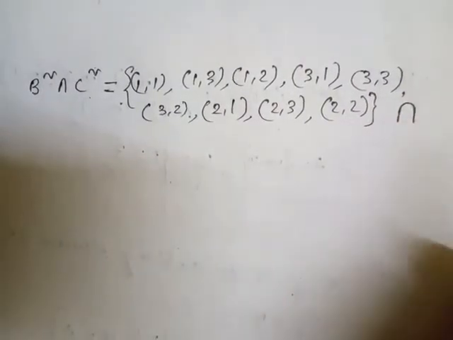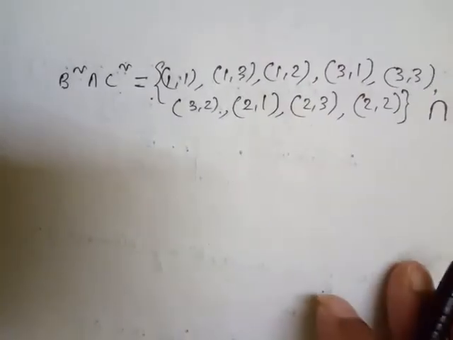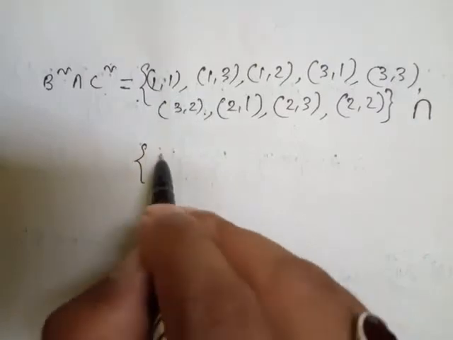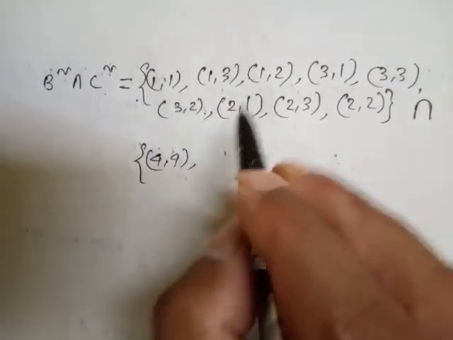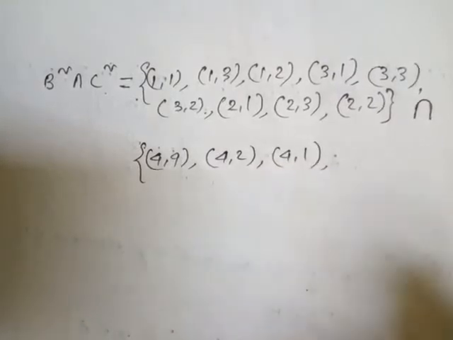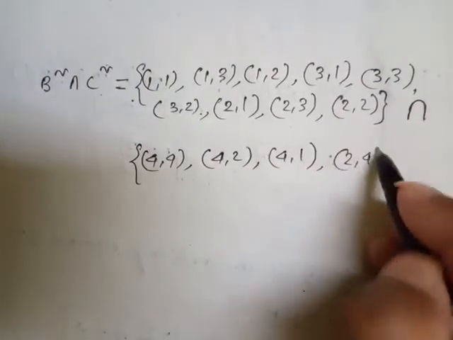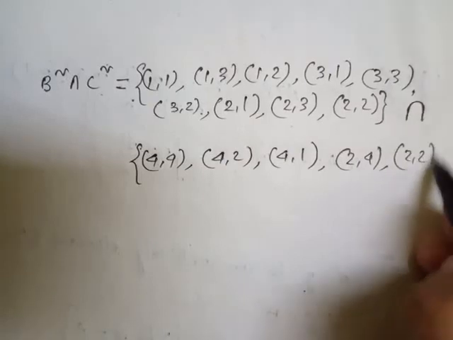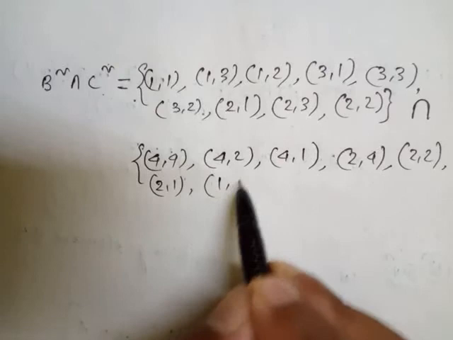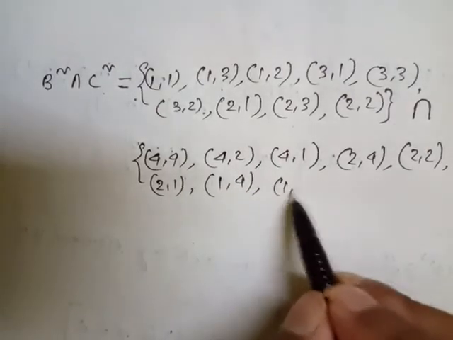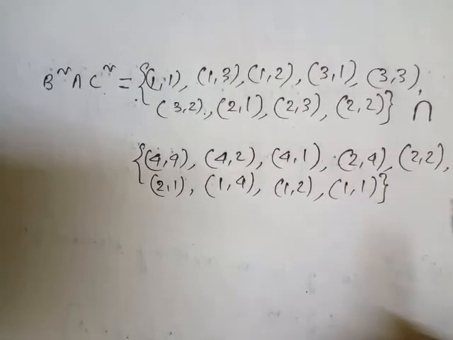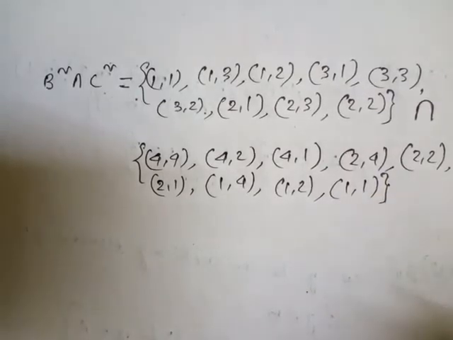Then I am writing here the value of C square: 4 comma 4, then 4 comma 2, then 4 comma 1, then 2 comma 4, then 2 comma 2, then 2 comma 1, then 1 comma 4, then 1 comma 2, then 1 comma 1. This is the value of C square only.